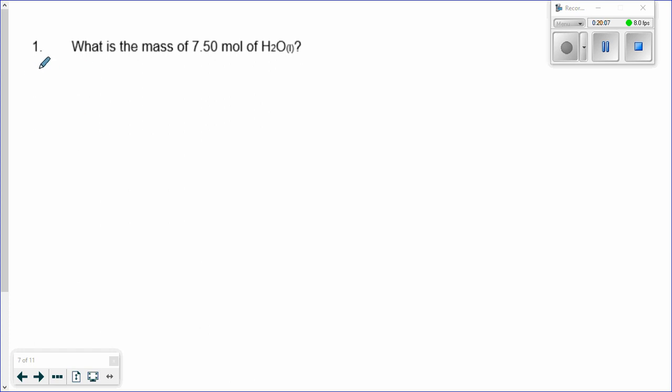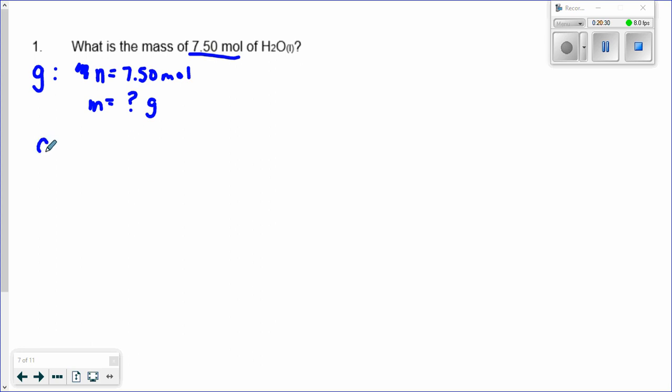So I'm given the number of moles, N equals number of moles, 7.50 moles. And we're looking for the mass in grams.